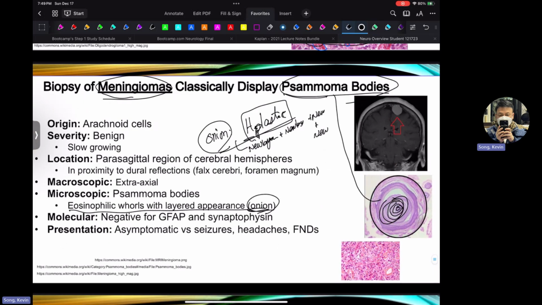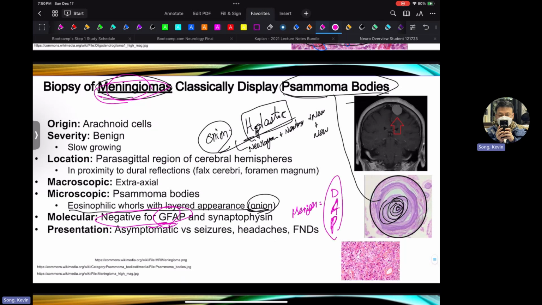And then one important thing is that this is meningioma, negative for GFAP. It's kind of making sense. Meningioma, meninges. The meninges are basically dura, arachnoid, and then pia mater.